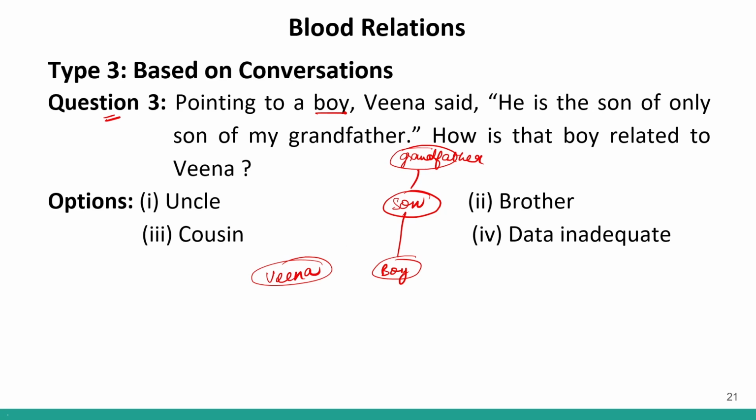So, he is the only son of my grandfather, correct? How would the boy be related to Veena? Veena and the boy would be in the same generation. They have the same grandfather. So the boy would be the brother of Veena. Correct? So the answer will be option number 2, brother. This will be the answer.